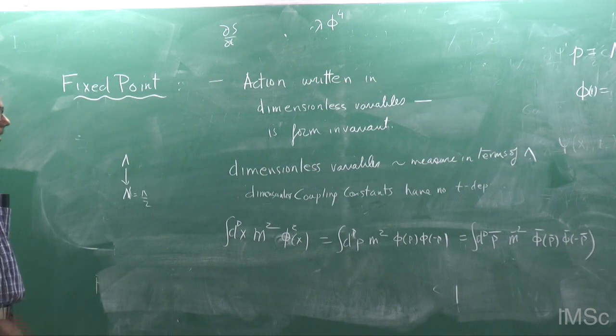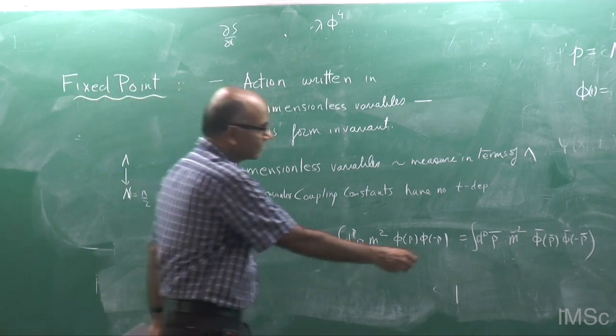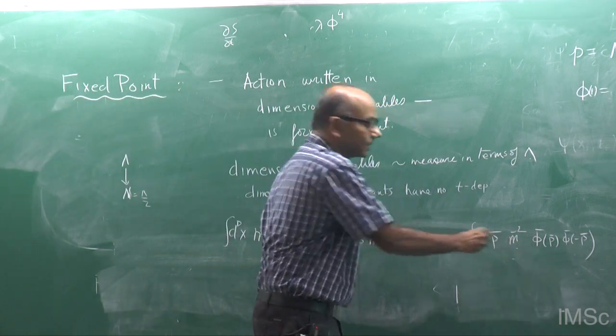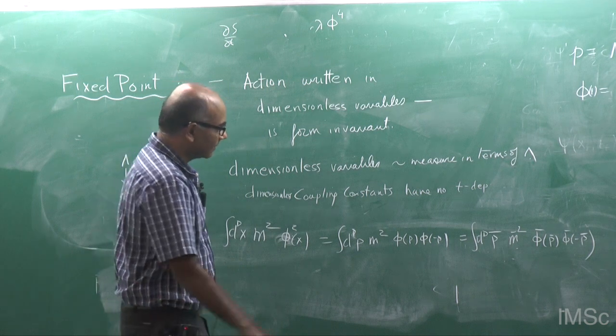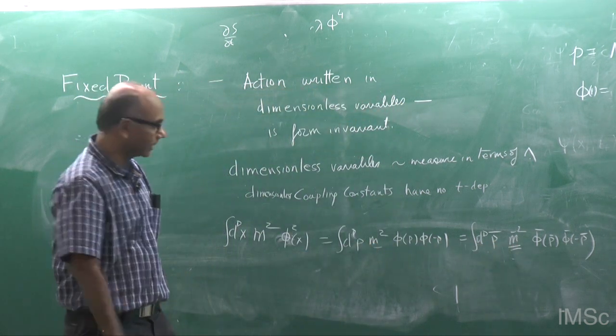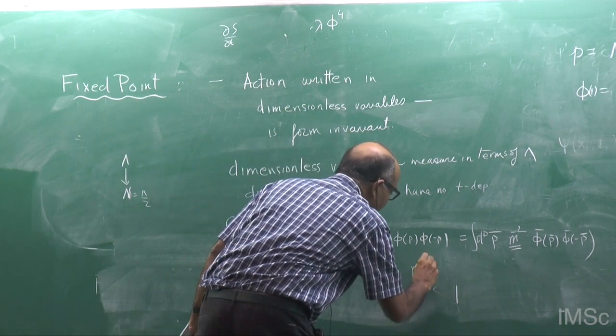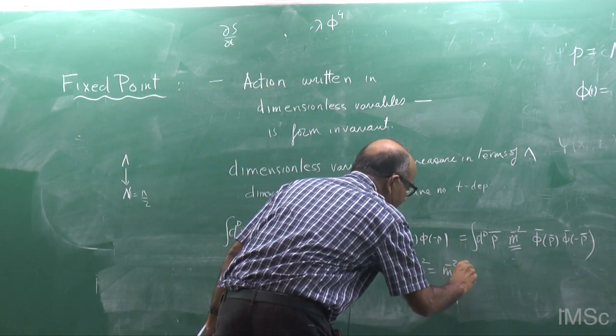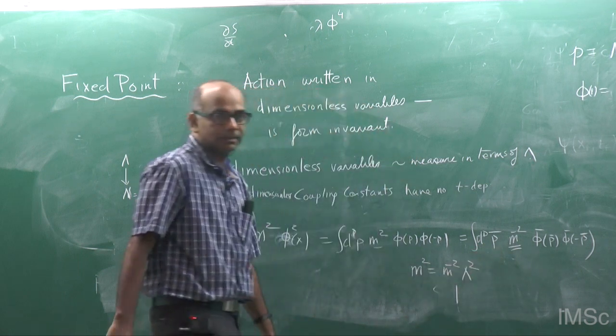Okay, so I've put all the powers of lambda. This is dimensionless, this is dimensionless, this is dimensionless, this is dimensionless. Of course, you can imagine what's the connection between m bar squared and m squared, because you've done it canonically. M squared will be just m bar squared times lambda squared. There has to be.